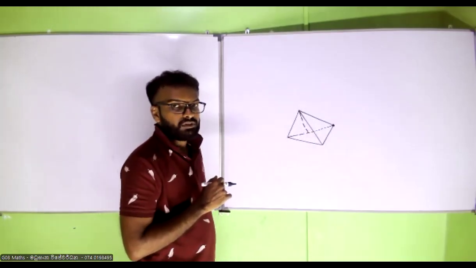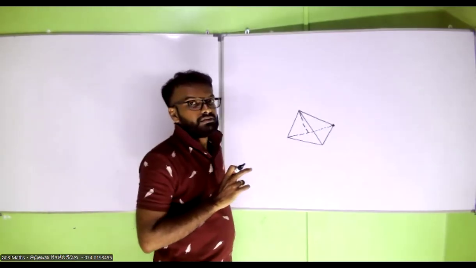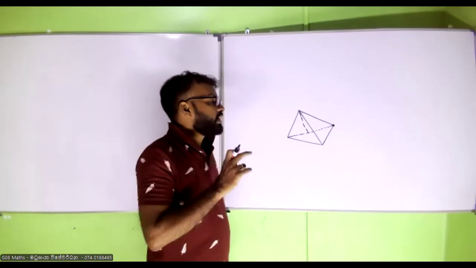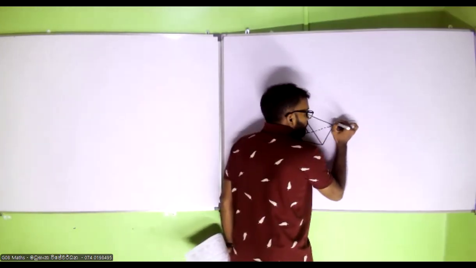That is the thing you need to understand. How many identical faces are combined with this vertex?